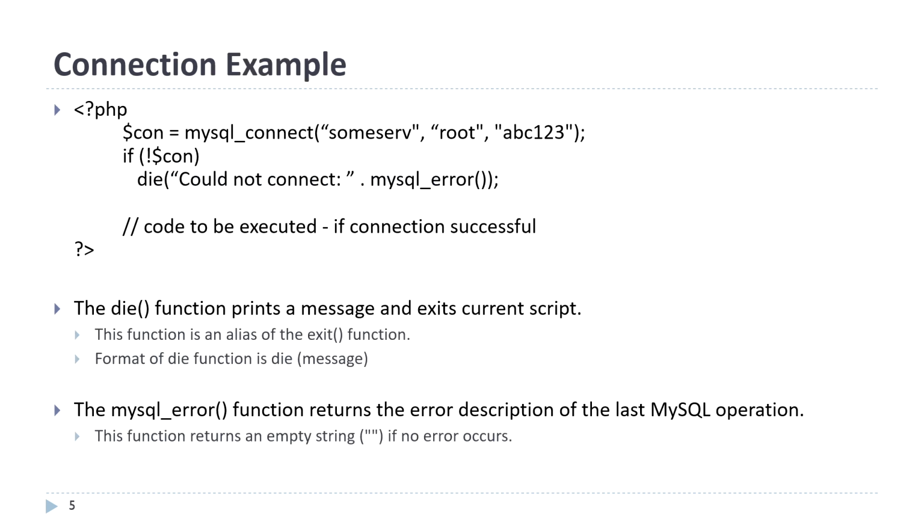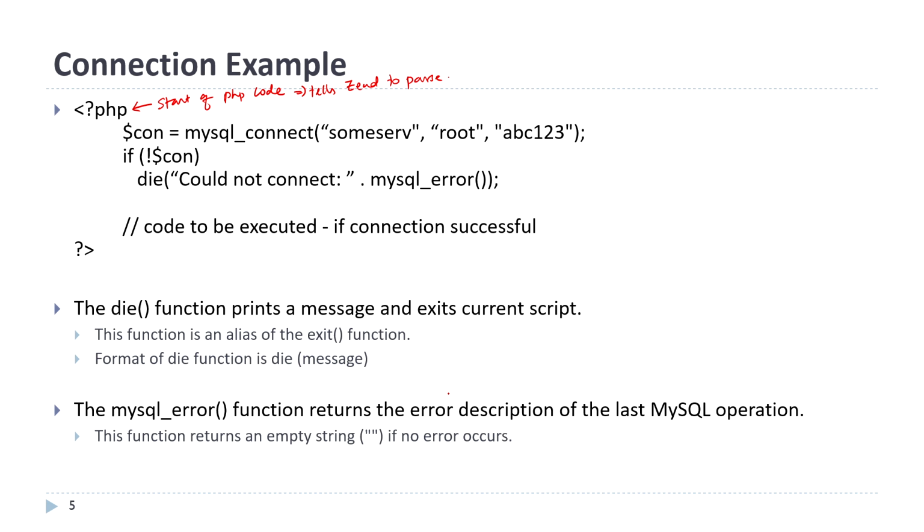So, here is an example. This is the start of the PHP code, which tells Zend to start parsing. I have a variable called $connection equal to mysql_connect. I call the function with the name of the server, username is root, password is ABC123, for the time being.